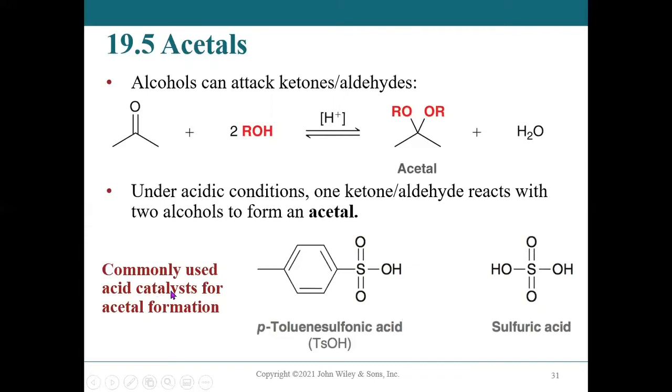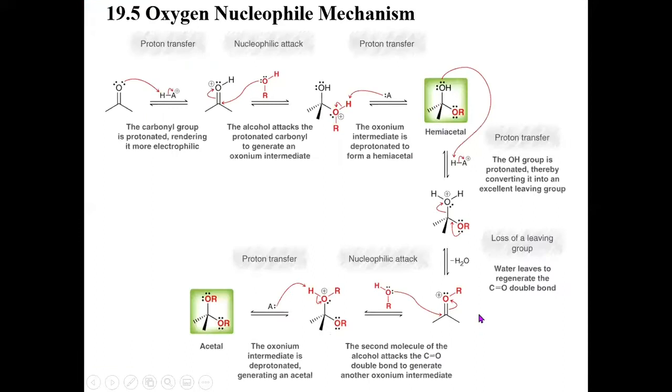Commonly used acid catalysts for acetal formation are TsOH or sulfuric acid. The mechanism is shown here in this slide. The first step is a proton transfer under acidic conditions, so the carbonyl oxygen gets protonated and we have this oxonium intermediate.